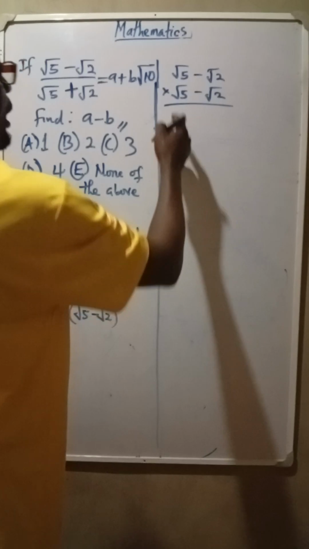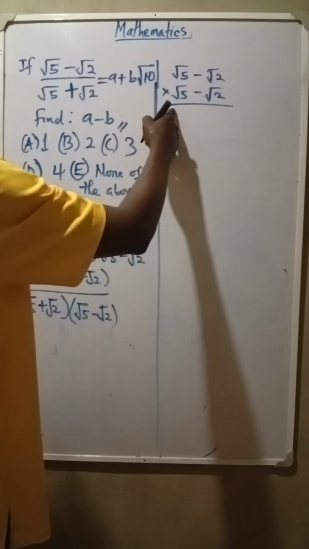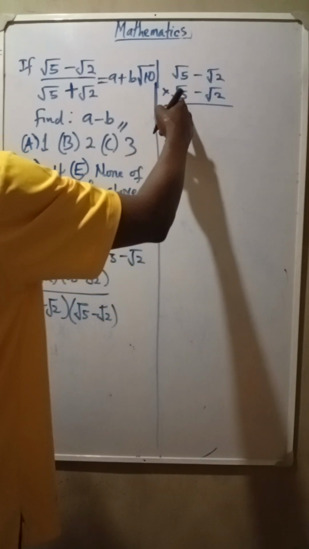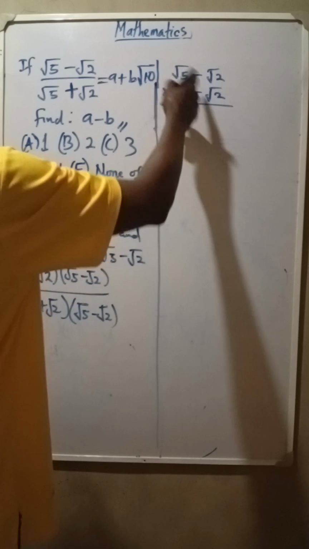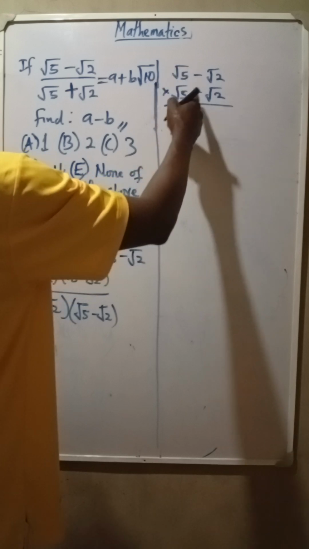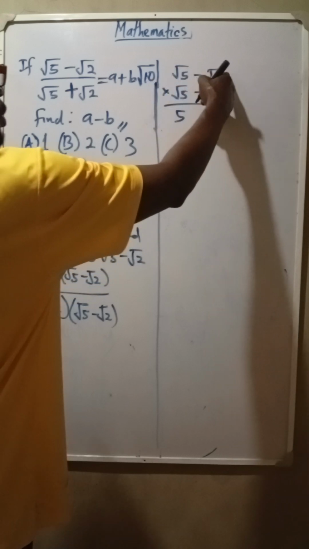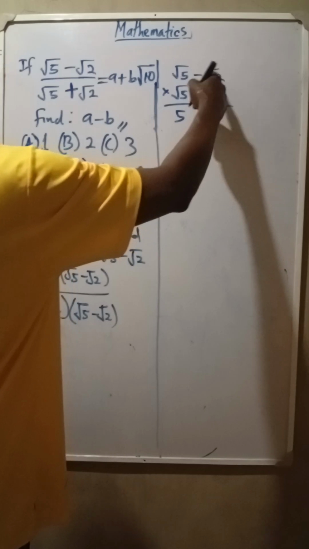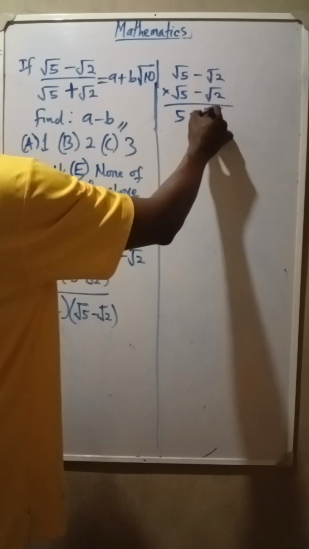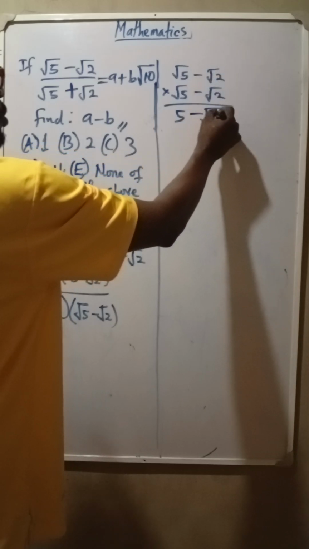So let's multiply. Root 5 multiplied by root 5 is the same thing as square root of 5 times 5, which is 25. Square root of 25 is 5. Then root 5 times minus root 2 is the square root of 5 times 2.